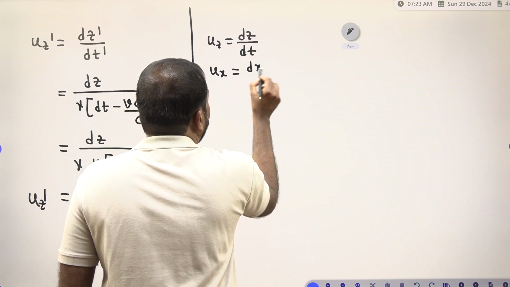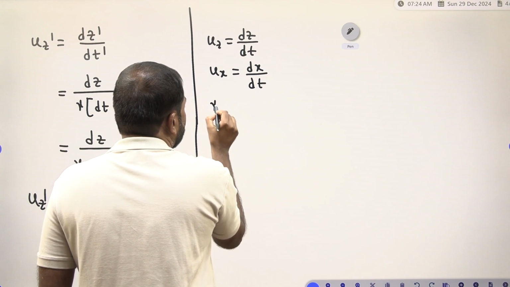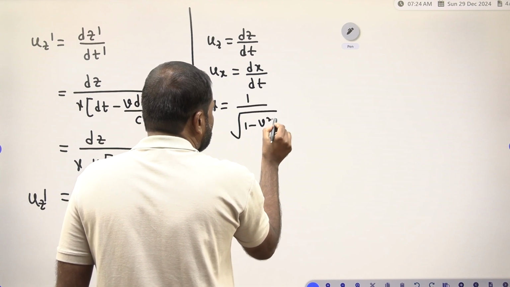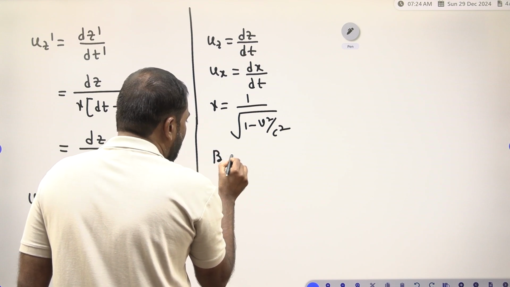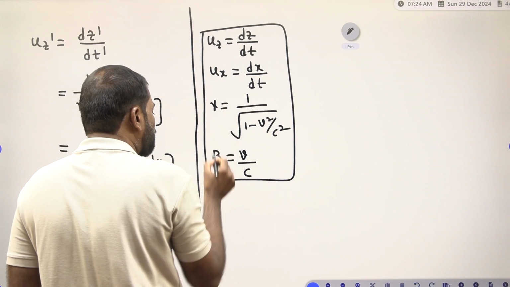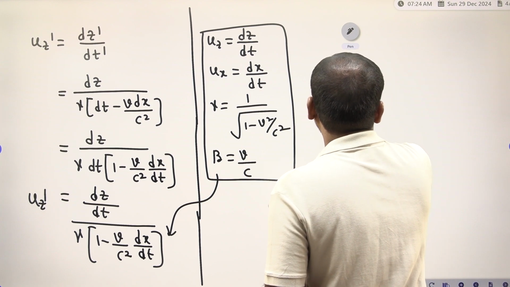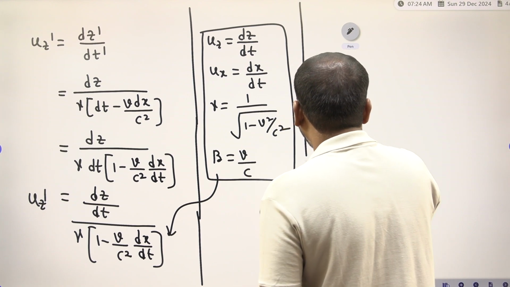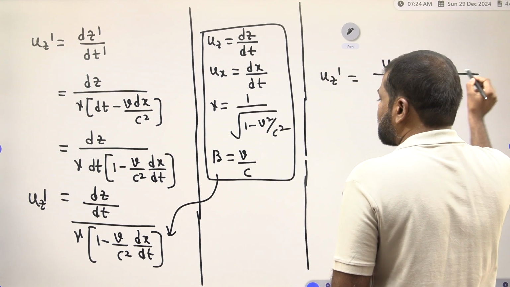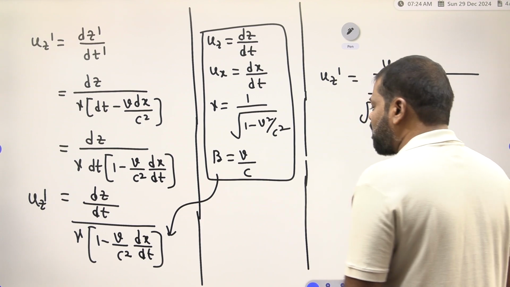What is the Lorentz factor? Gamma is equal to 1 by square root of 1 minus v square by c square, and beta is equal to v by c. You know all these values; you have to substitute them in this expression. Then uz dash is equal to uz divided by gamma, into 1 minus v ux by c square.